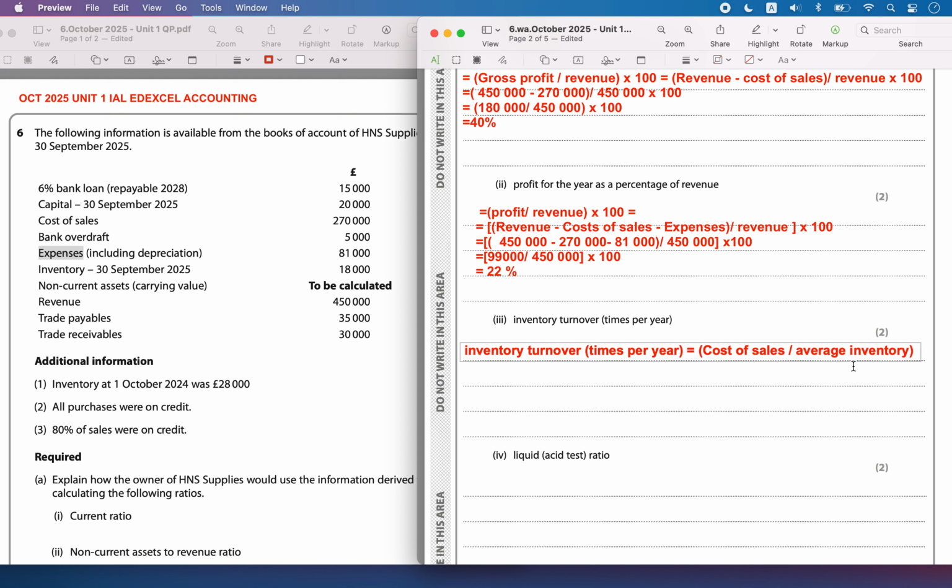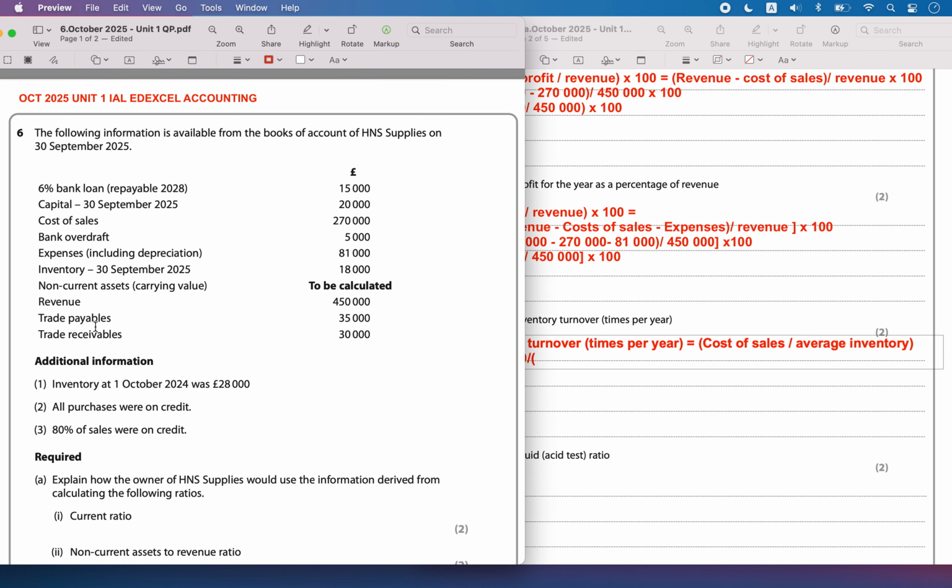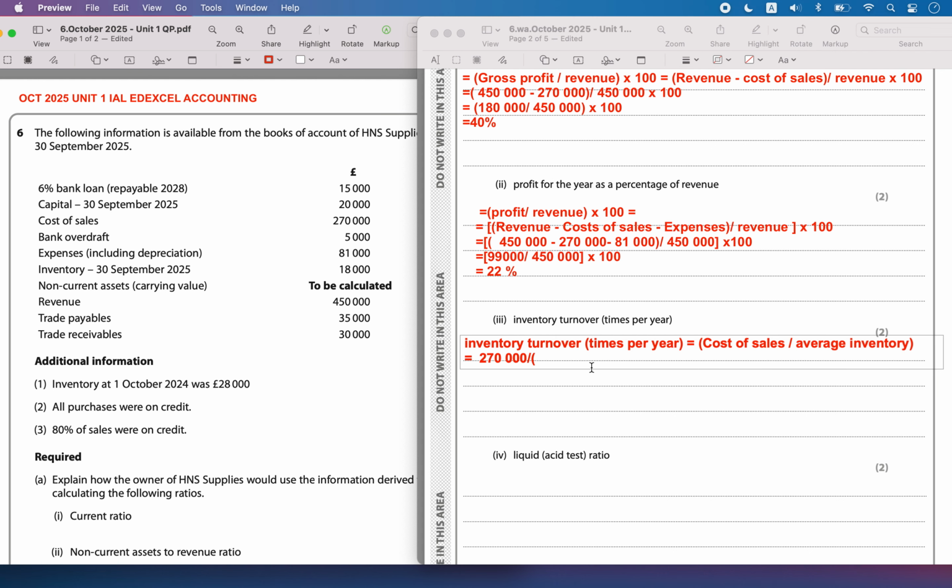So let's calculate that. We know the cost of sales is 270,000, divided by the average inventory, that is opening inventory plus the closing inventory divided by 2.